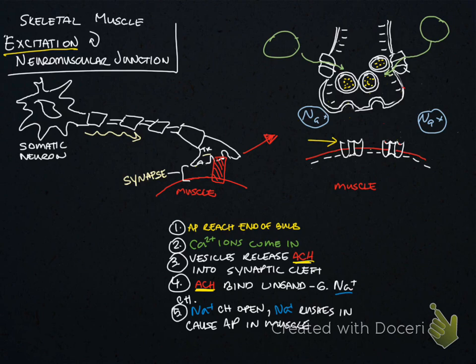So let's look at that in a little bit more detail. So here we have our action potential traveling down towards the end of the neuron. And remember, this is an electrical charge, so it holds a charge. And since this is an actual cell, it holds a resting membrane potential. So whenever you're changing the charges of something, it's going to change the membrane potential.